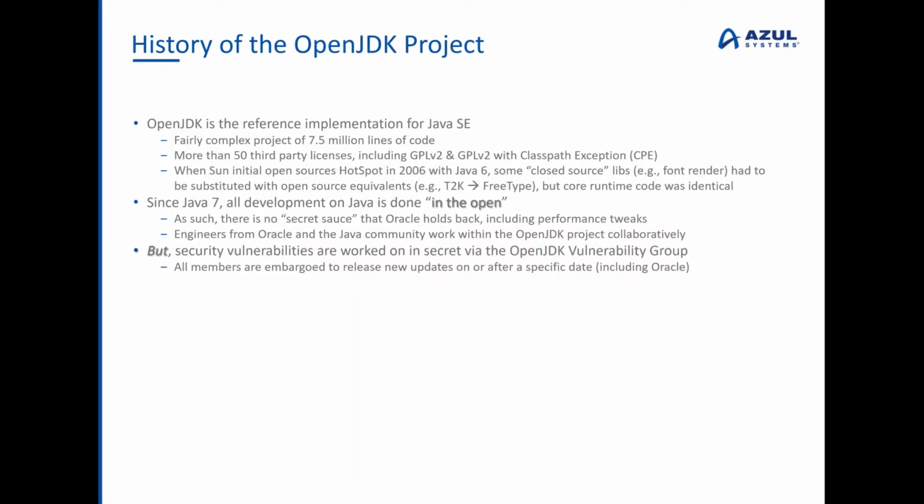But there's one caveat here, which is security vulnerabilities are not done in the open, and that would make sense. The last thing you would want is Oracle and the Java community working together on a serious security vulnerability, and black hats being able to look at the same code and see what vulnerabilities are being exposed without a binary that addresses that vulnerability.